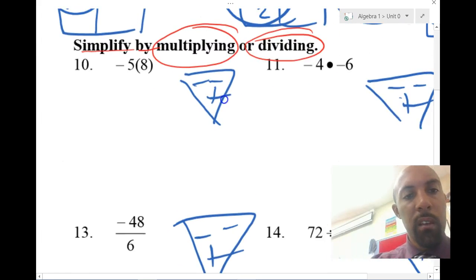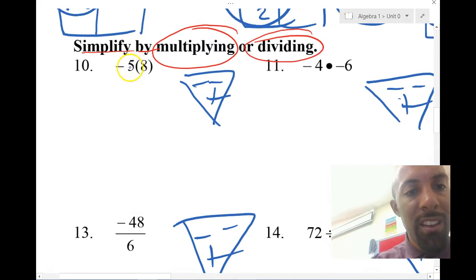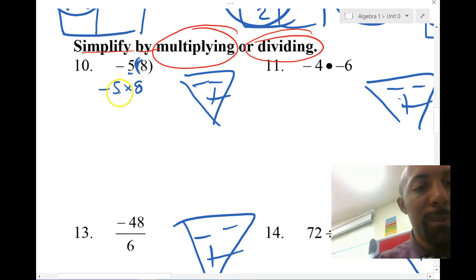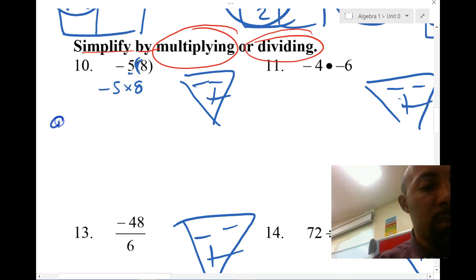Now, you start with this one. Now remember, if the number, like the 5, is touching parenthesis, that's multiply. So this is the same as negative 5, multiply 8. So first multiply, 5 times 8. I don't know what 5 times 8 is, but I know that this means 8 5 times. So 1, 2, 3, 4, 5. 5 eighths.